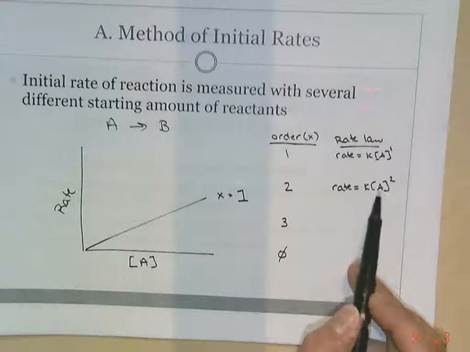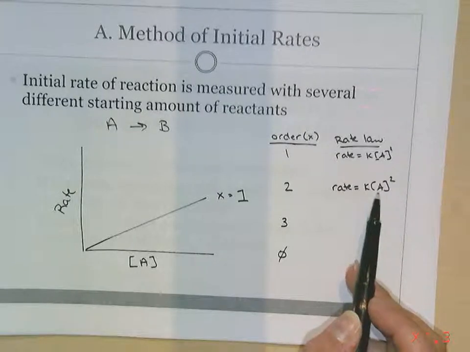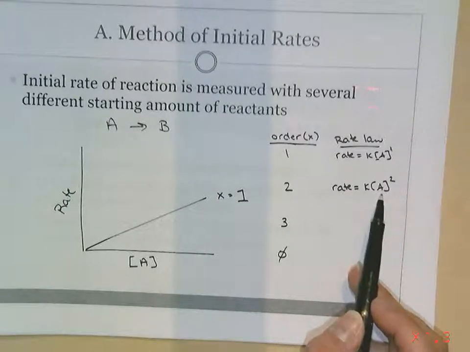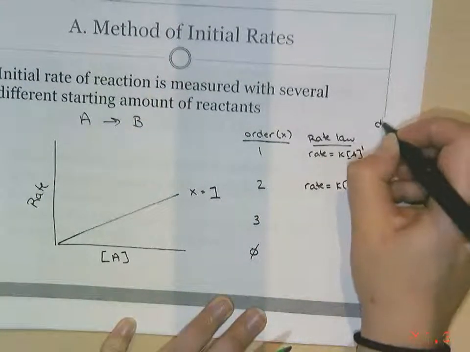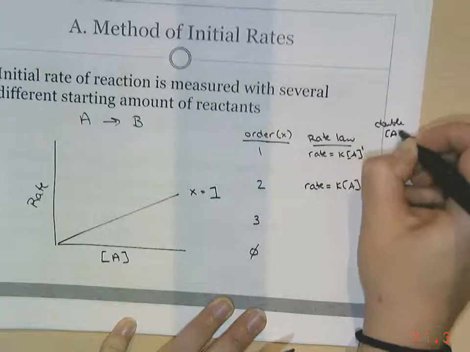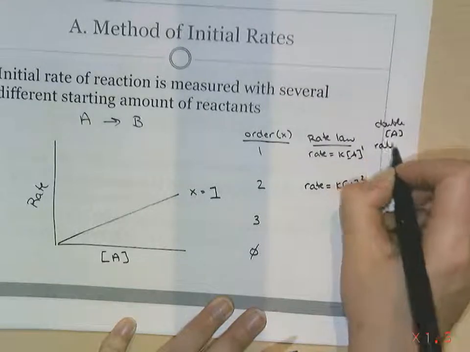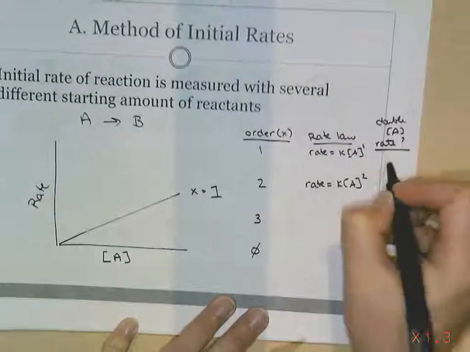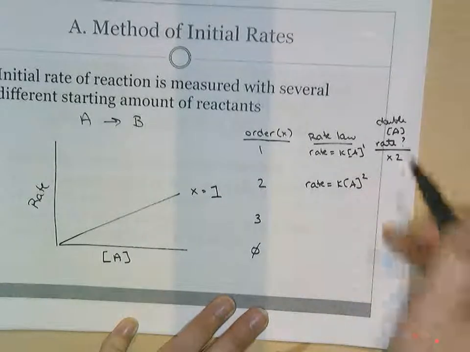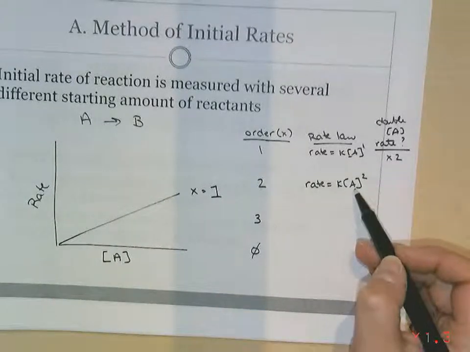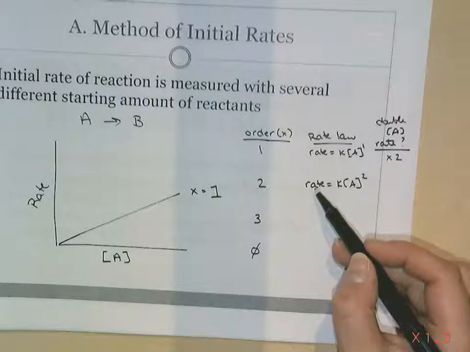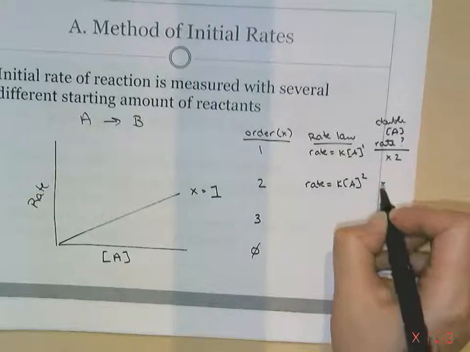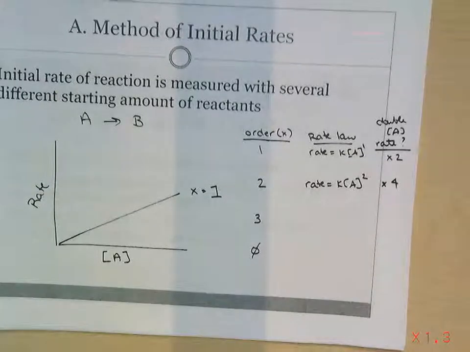It's being squared. I'll make a new little column over here. So if I double A, the rate doubles, if I double A from 3 to 6, my rate has now gone, it was doubled, and now it's squared, to the power of 2.